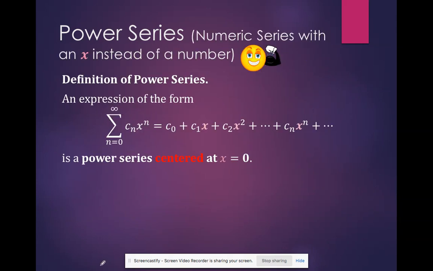However, any power series of this type, where there's really an x to the 0, x to the first, x squared, and so on, with coefficients in front, that's what that c sub n is, going to infinity, is called a power series centered at 0.